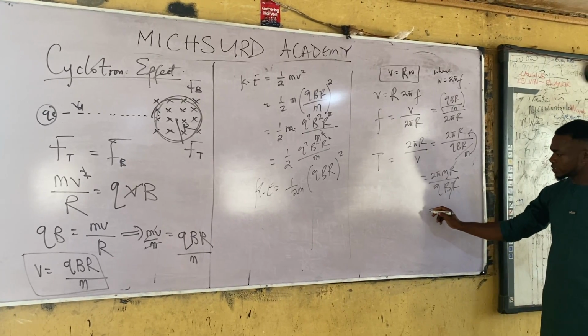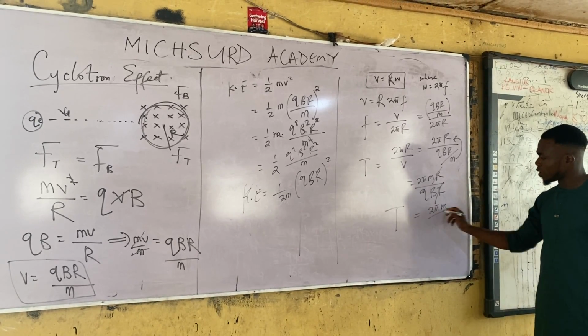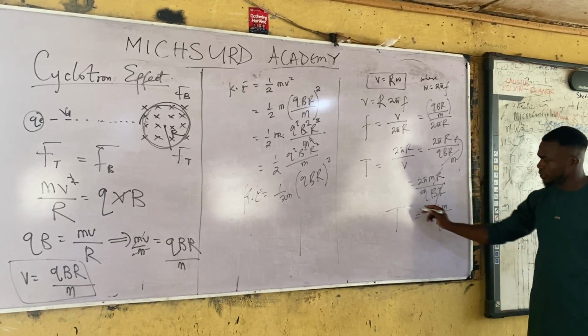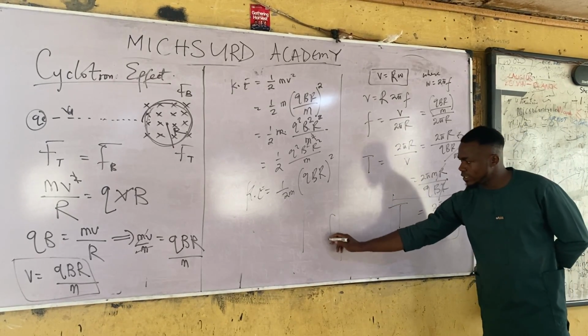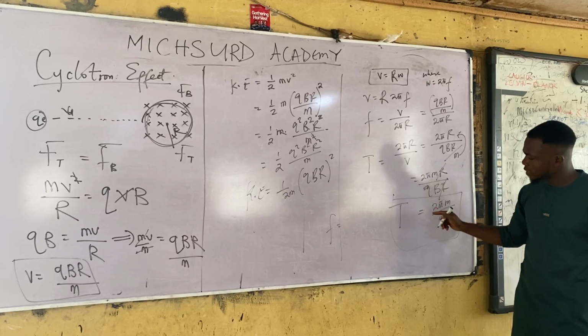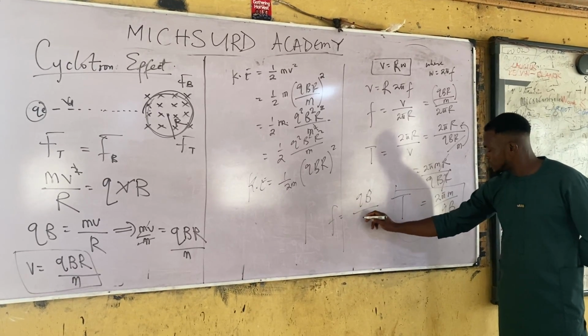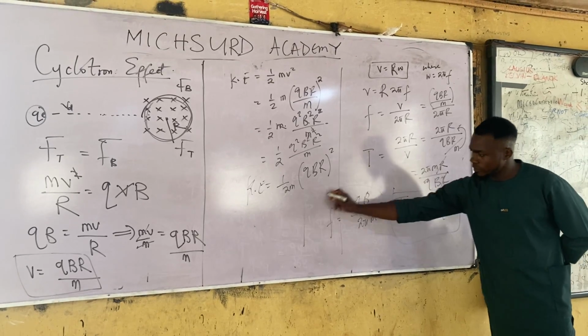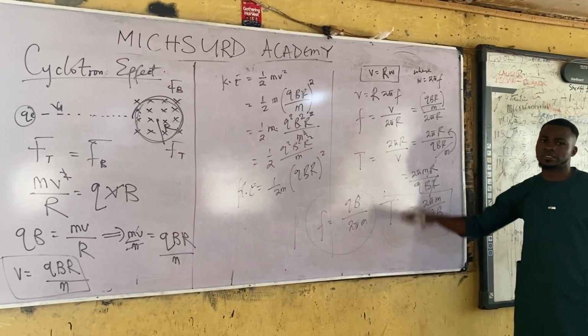So you now have that the period is equal to 2 pi m all over qB. The same way, I can say the frequency is, from here, you take the reciprocal, you have qB all over 2 pi m. So that is the frequency and the period of the cyclotron.